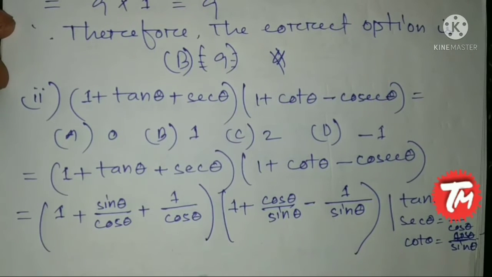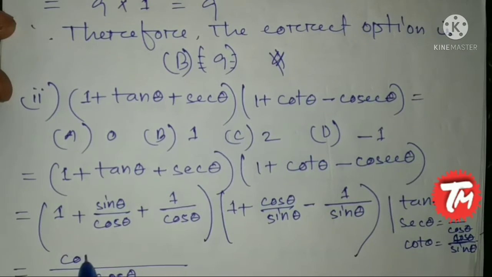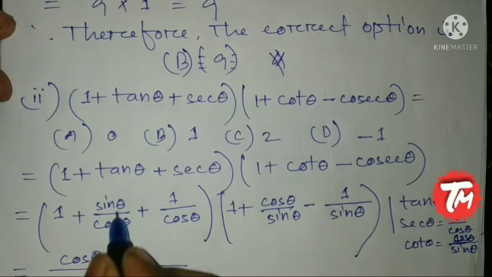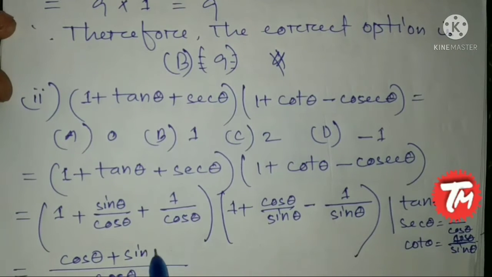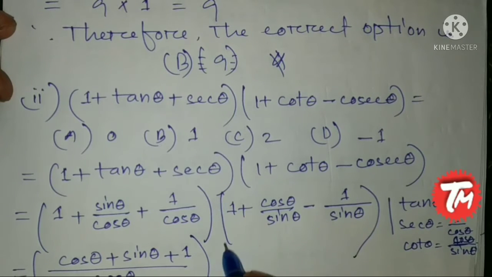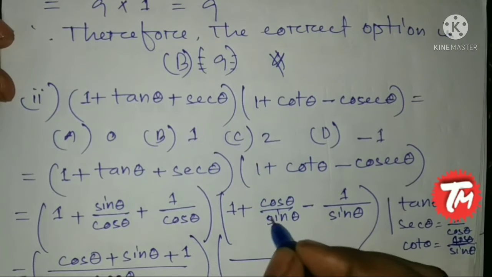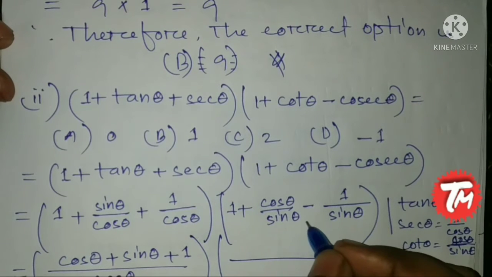Okay, bracket close. Now we have to take the LCM. So cos theta LCM is how much? Cos theta you can write, cos theta into 1, plus sin theta you can write plus 1. This one within bracket you have to write, into, again we have to take LCM from here.